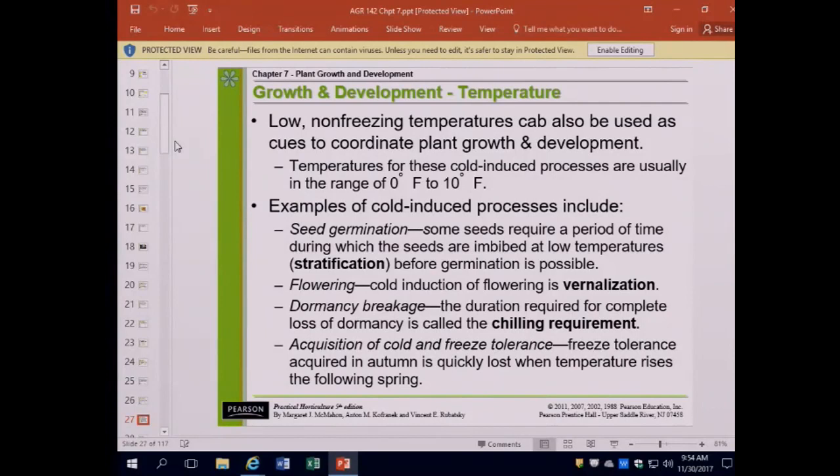The chilling requirement needed by green and growing plants, sometimes we call that vernalization, and that's a cold induction that will cause a flower to initiate.